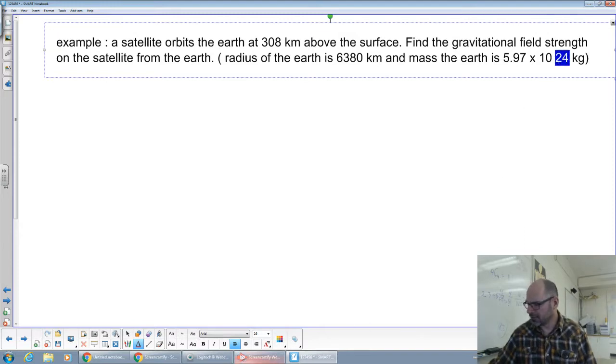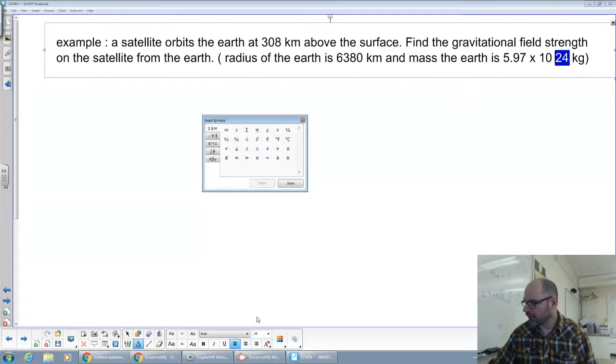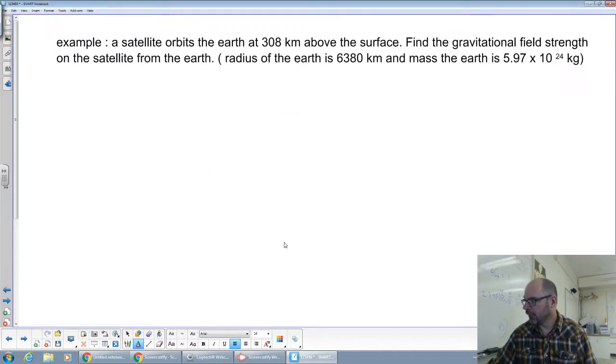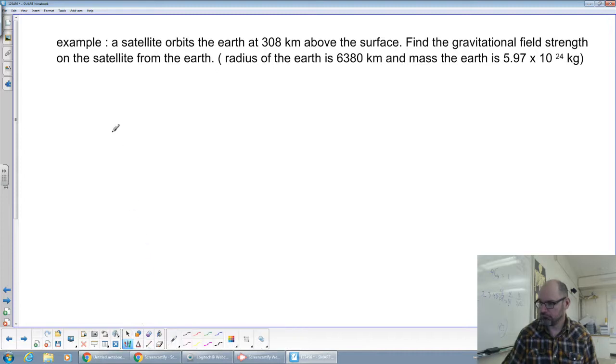Okay, key things that we have to remember when we're doing this is that everything has to be in kilograms. Oops, wrong one. Everything has to be in kilograms, everything has to be in meters, okay, and that kind of thing. So if we draw this out a little bit, here's the Earth.